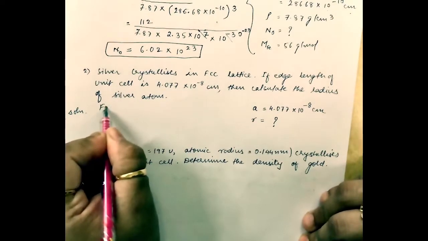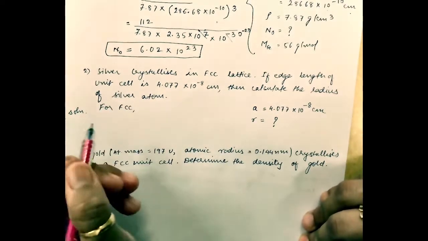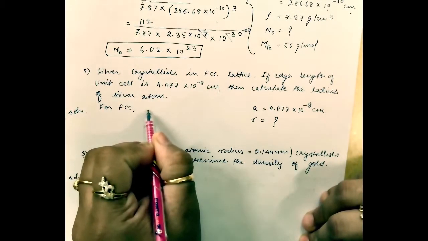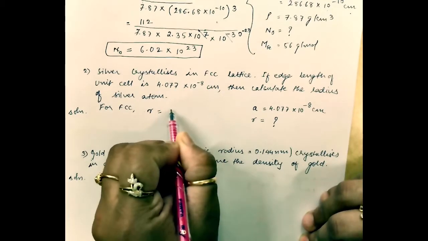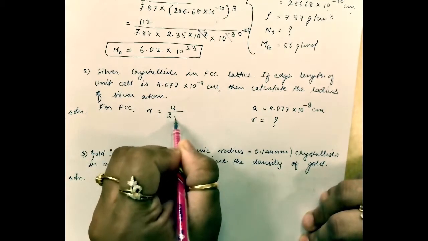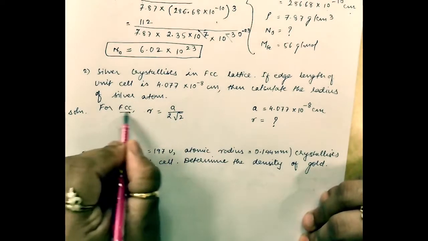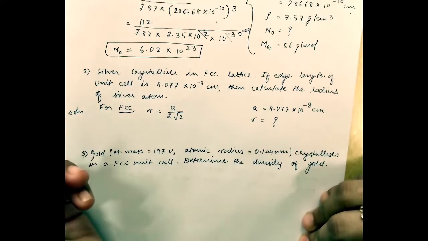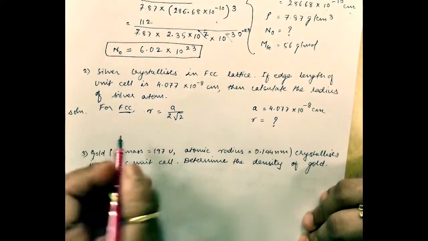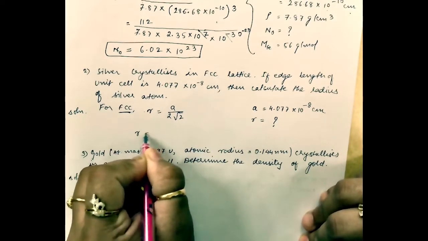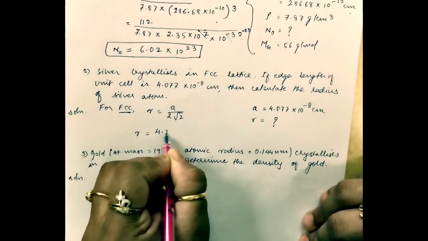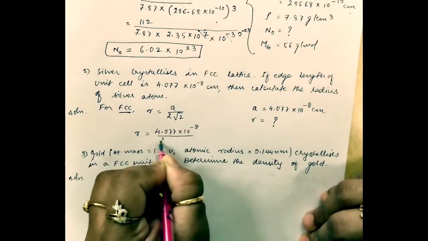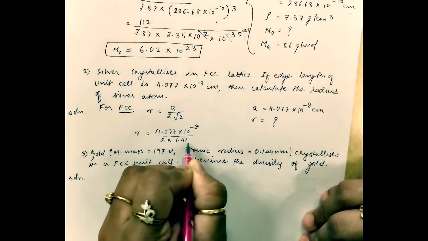Now for FCC, I have told you in my earlier video that the relation between R and A is R equal to A by 2 root 2. It is for FCC, right? So you don't have to do anything. You just have to put the value of A and calculate the value of R. So R will be equal to 4.077 into 10 to the power of minus 8 divided by 2 into 1.414.